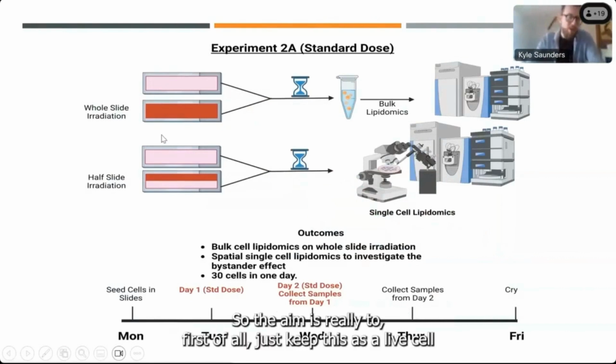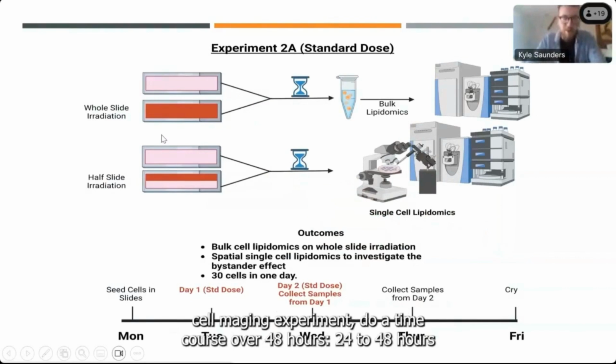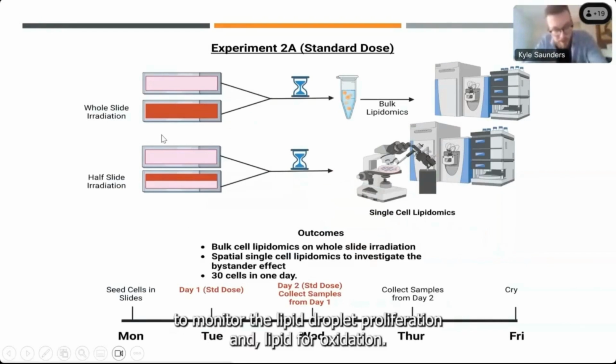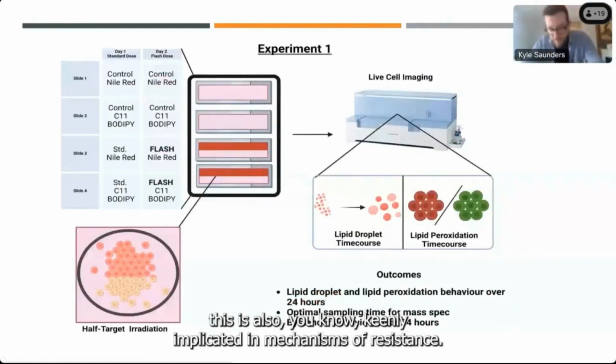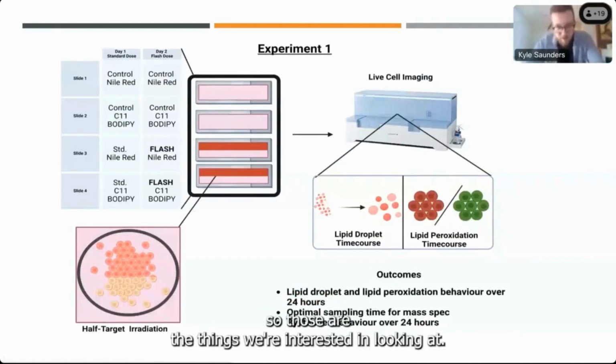So the aim is really, first of all, to keep this as a live cell imaging experiment, do a time course over 24 to 48 hours to monitor the lipid droplet proliferation and lipid peroxidation. This is also keenly implicated in mechanisms of resistance. So those are the things we're interested in looking at.